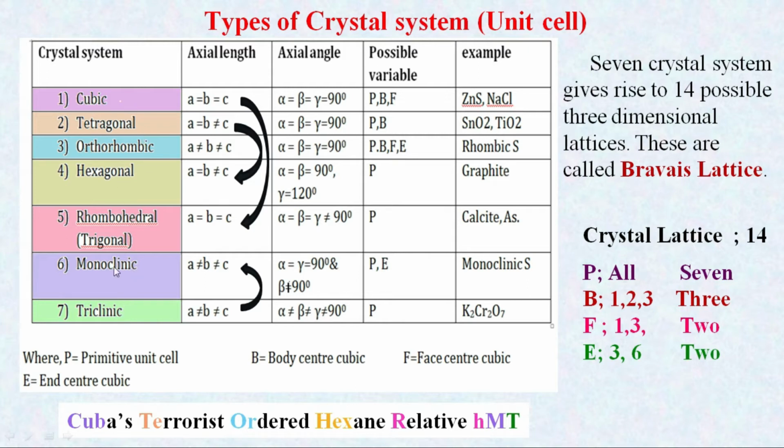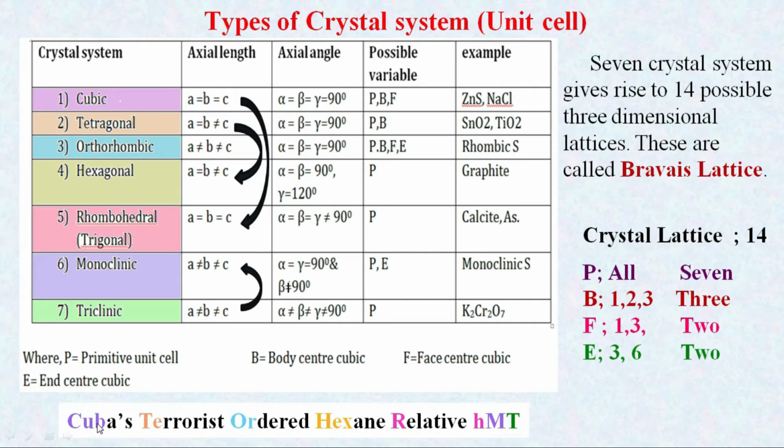How to remember these 7 systems? Let me give a code for that. The code to remember these 7 systems is: Cuba's terrorist ordered hexane relative small h capital M capital T.